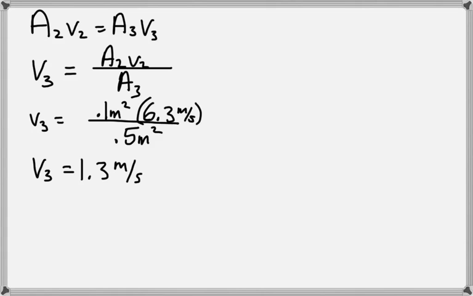Now that we know what the velocity is, we can find the pressure at that point. To do that, we've got to go all the way back to Bernoulli's equation.